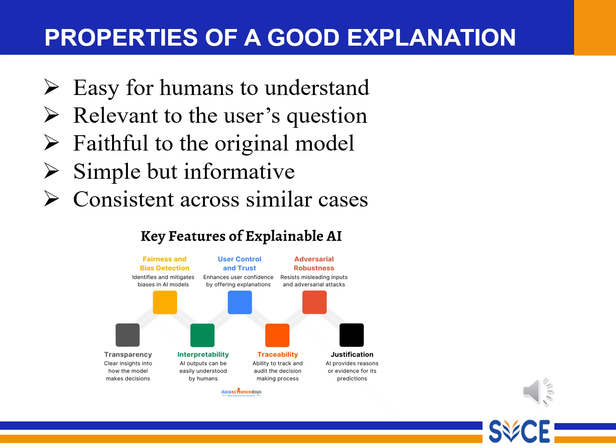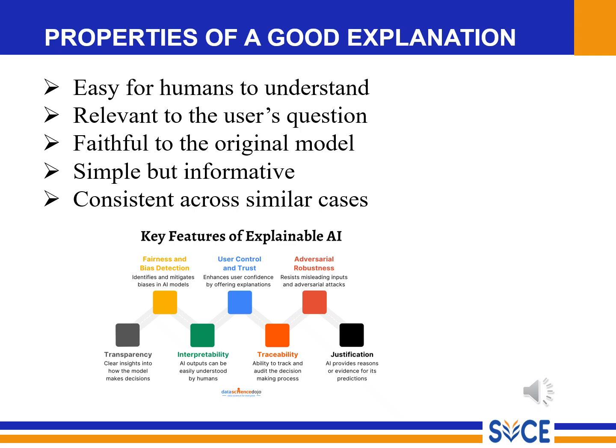Now let us understand what makes a good explanation in explainable AI, because not all explanations are useful or meaningful. A good explanation must be easy for humans to understand, meaning it should be simple and clear without unnecessary complexity. It should be relevant to the user's question, focusing on the factors that matter most to the user.